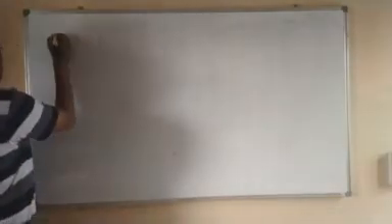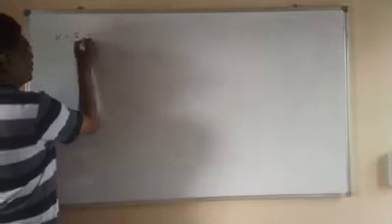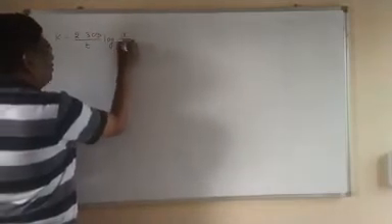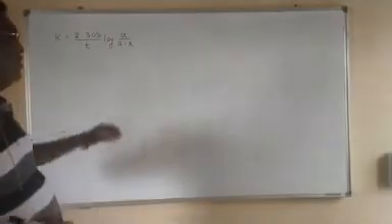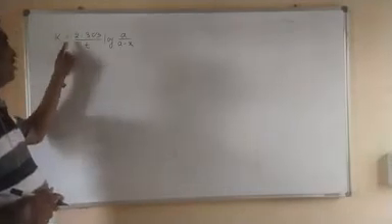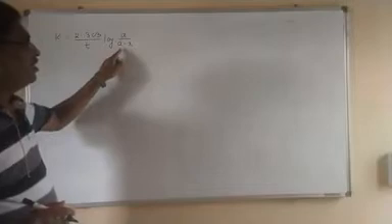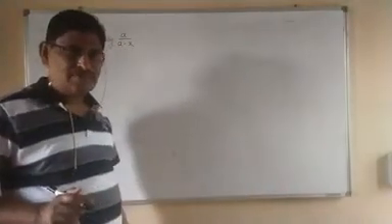Consider this equation: K is equal to 2.303 over t log of a over a minus x. In this equation, K is the rate constant, t stands for time, small a is the initial concentration, and a minus x is the concentration after time t.